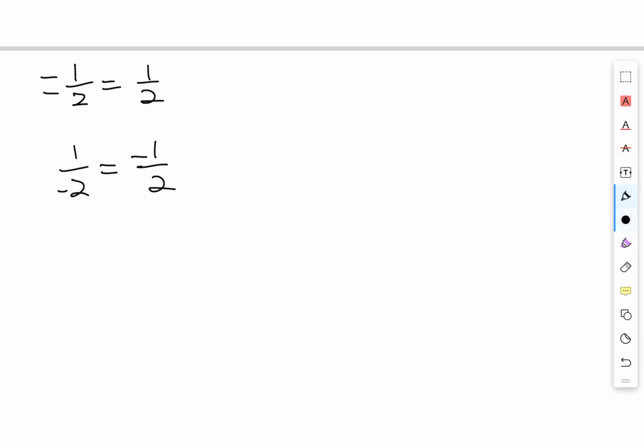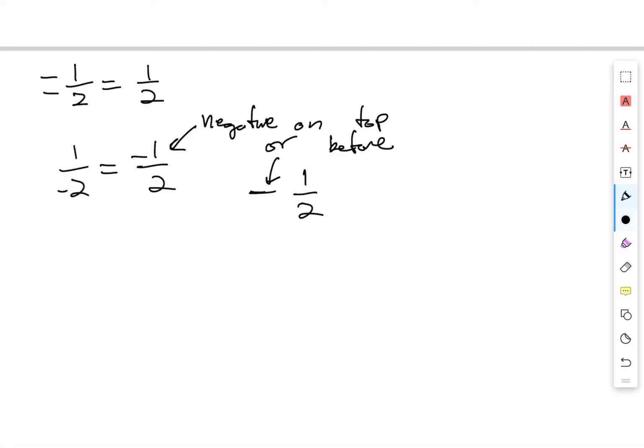We want the negative on top, or just in front of the entire thing, minus 1/2. That second scenario, be a little careful just because sometimes people will write minus, right, and their negative sign will kind of mesh into their fraction symbol, and it gets confusing from there.